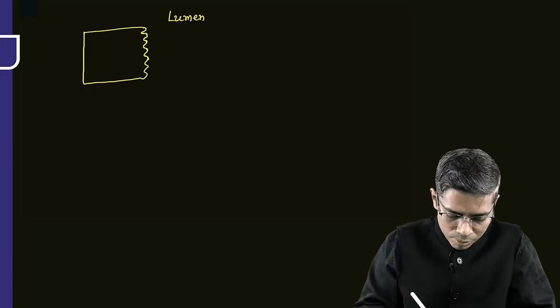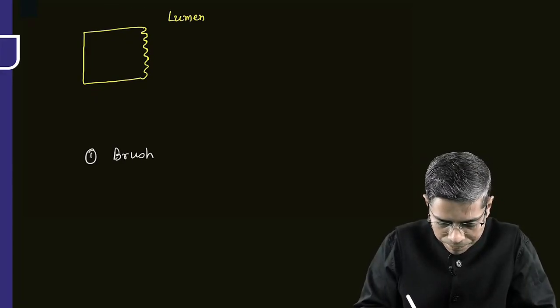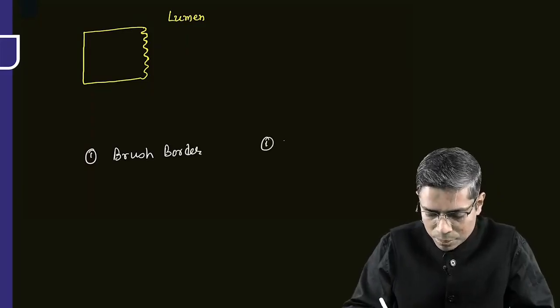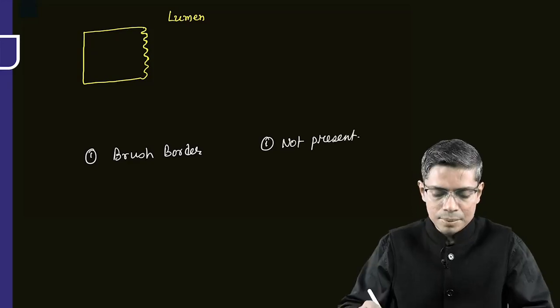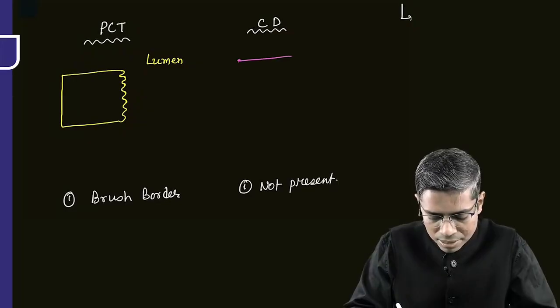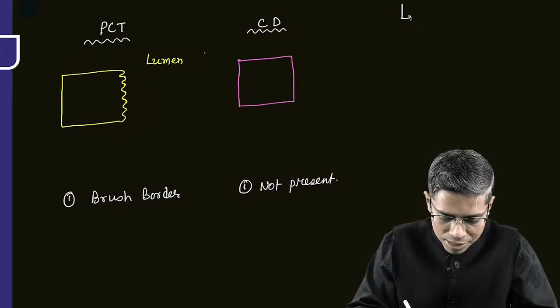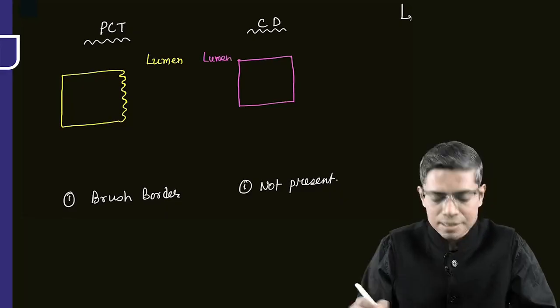So proximal convoluted tubule means there is presence of brush border. This brush border is not present at the level of collecting duct epithelium cell. So if I draw a collecting duct epithelium cell, this kind of microvilli will not be present, so no brush border. Again, suppose this is your luminal side, right?